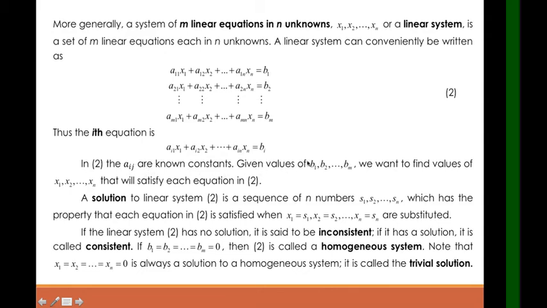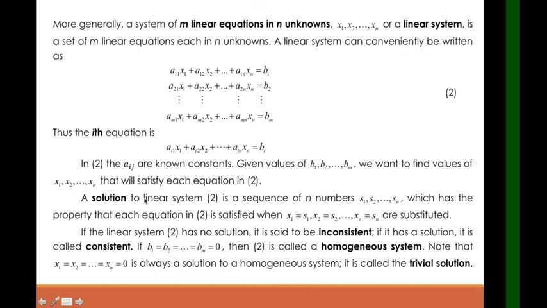Given values of b sub 1, b sub 2, and ellipses up to b sub m, we want to find values of x sub 1, x sub 2, ellipses up to x sub n that will satisfy each equation in number 2. So, ibig sabihin dito, hinahanap lang natin kung ano yung value ng mga x's na yan, so that we can satisfy the given equation. Okay, yun ang first part ng lesson natin.